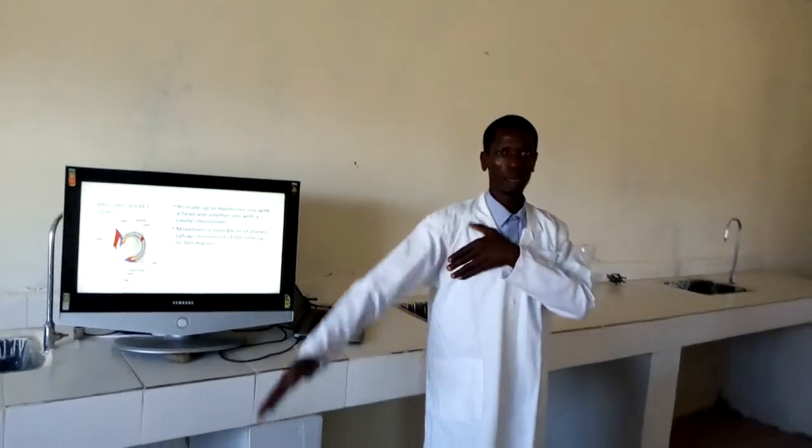It can enable it to move back and forth. It can enable movement up to 360 degrees because my arm can go around easily. That is the ball and socket joint.